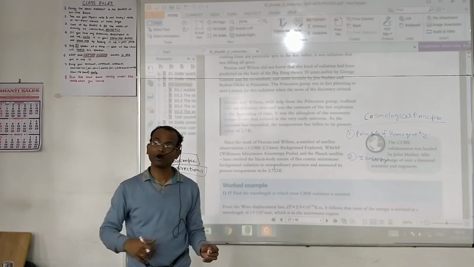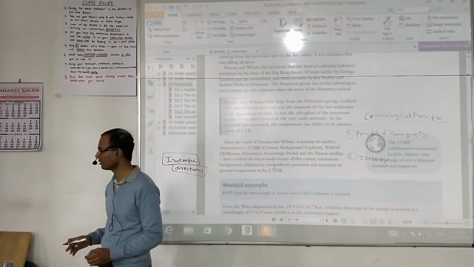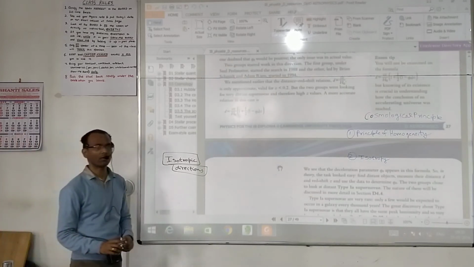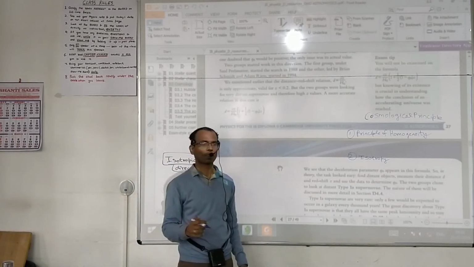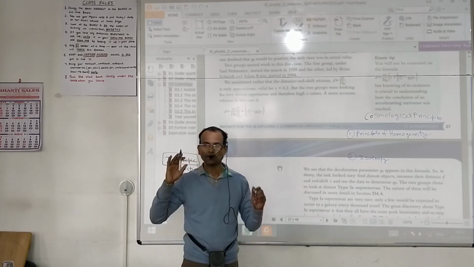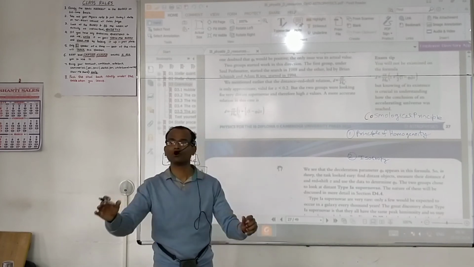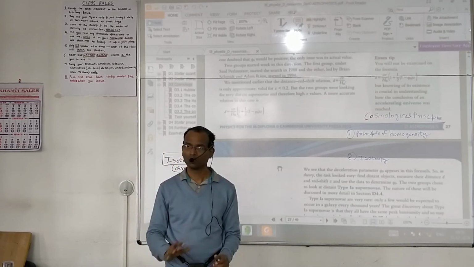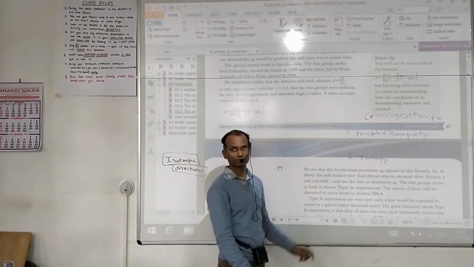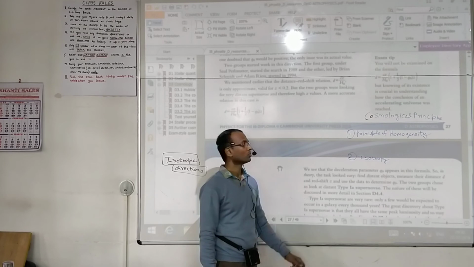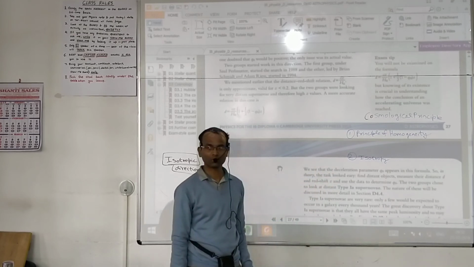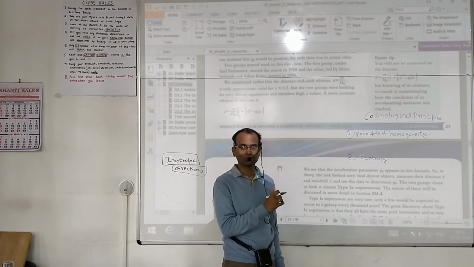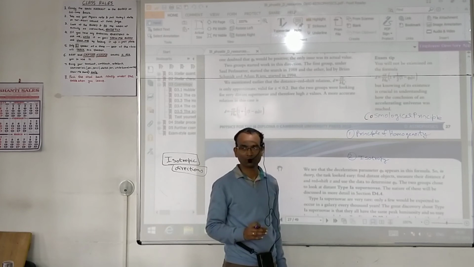But at a large enough scale, say 50 megaparsecs or something, if you take a cube of 50 megaparsec side length anywhere in the universe, it appears the same. It's uniform, so that is called homogeneous. Any model you come up with should satisfy these two principles: the universe has no special direction, and it is the same everywhere in the volume.